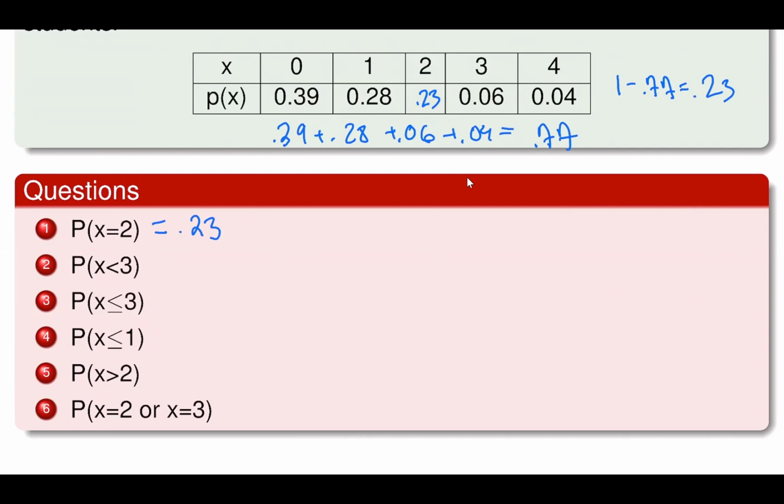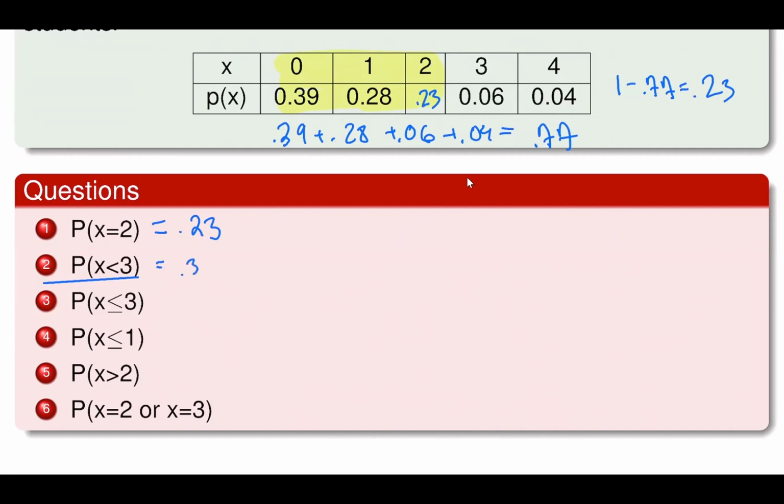All right, let's do number 2. It says probability that x is less than 3. If x is less than 3, that means we want all of these, because we want numbers lower than 3, so we want 2, 1, and 0. What we want to do for this one is add up the probabilities.